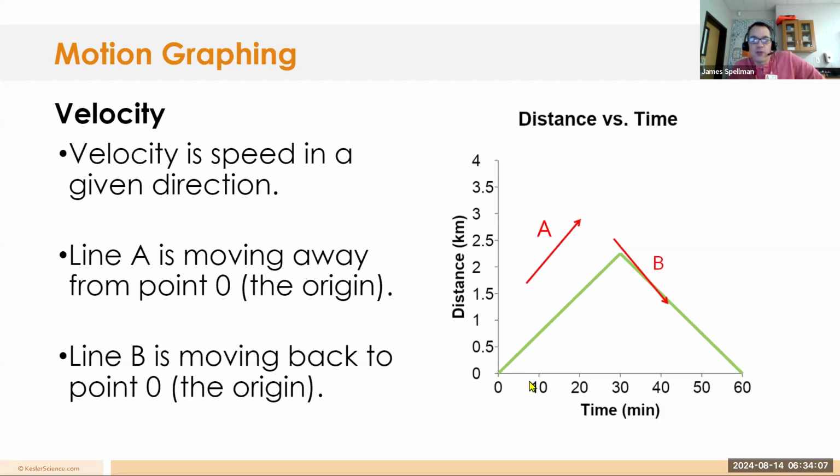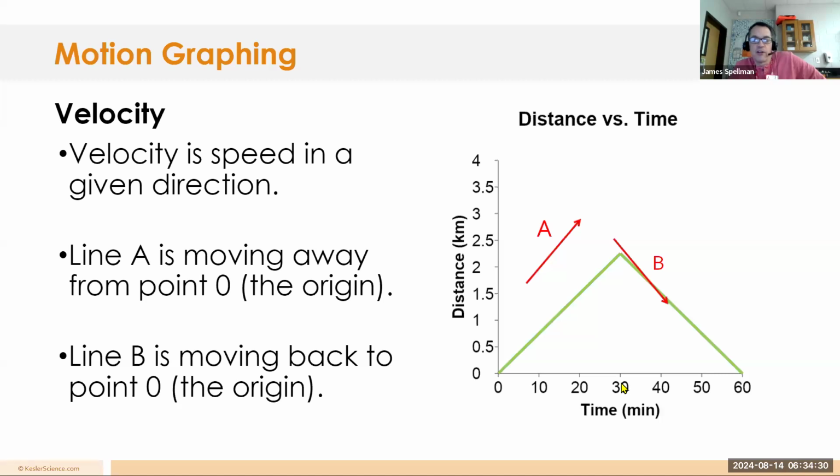If we wanted to calculate the velocity on each one, we would just look at the line segment. We could use the starting and end points of this line to determine how much time did it take and how much distance was it. Because again, velocity is distance divided by time. If we measure this, it's approximately 2, looks like it's a little bit above it, but it's approximately 2 meters, or excuse me, 2 kilometers, and it took 30 minutes to do that.